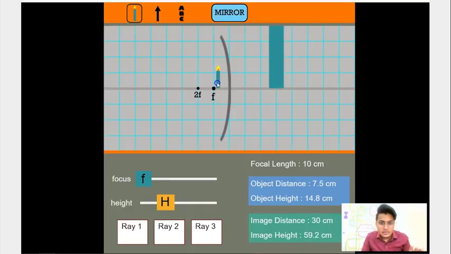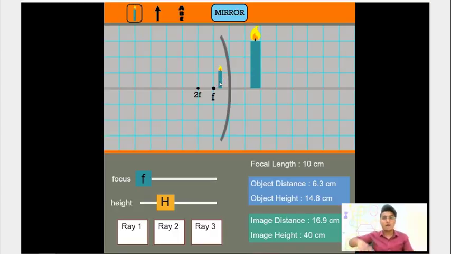And yes, now you can see the image is formed on the right, a virtual image. And since all the images that are virtual are erect, you get a virtual and erect image. The only scenario for a concave mirror. The only and only scenario for a concave mirror.